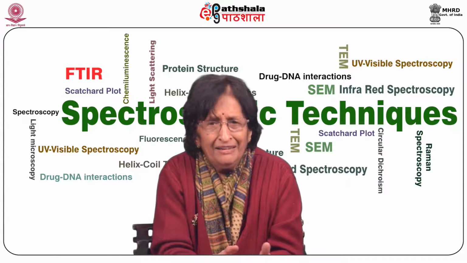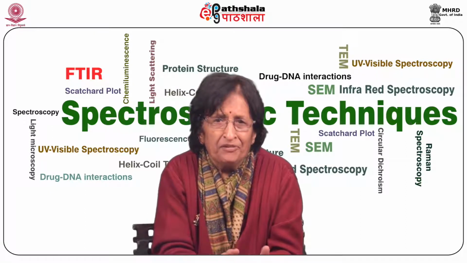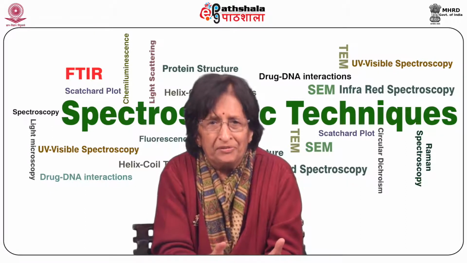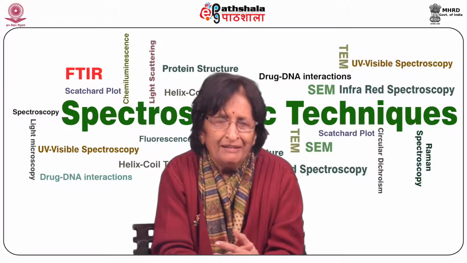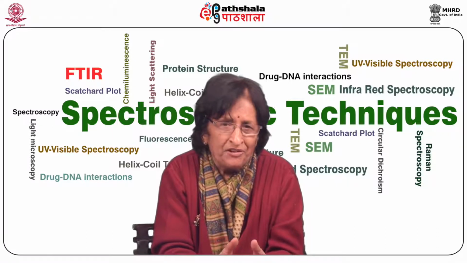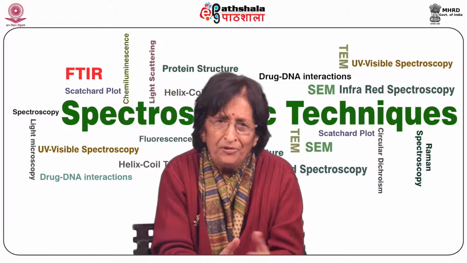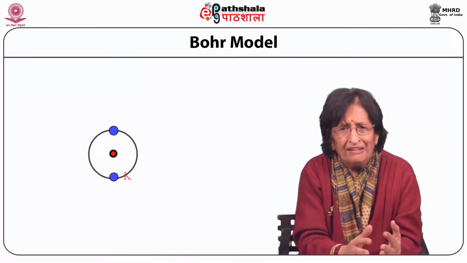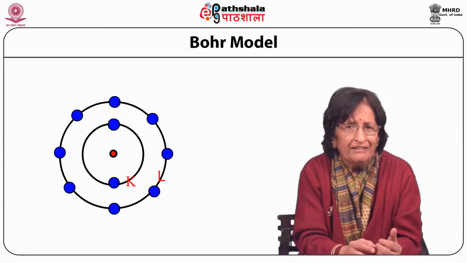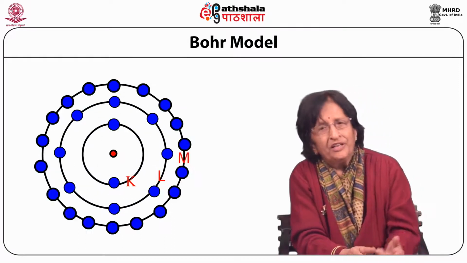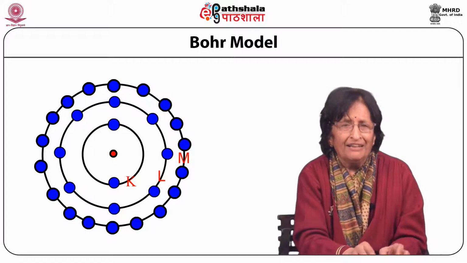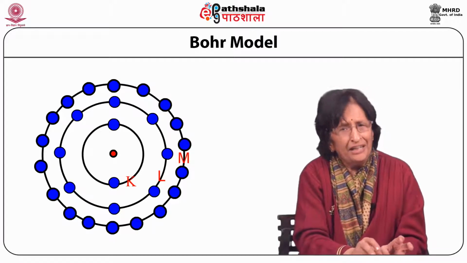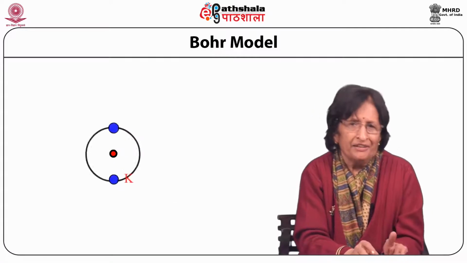n is the number of the shell: n equal to 1, n equal to 2, n equal to 3, and these are called the principal quantum numbers, and they define these shells. And h cross, as we have seen, is equal to h upon 2 pi. The Bohr model is important because it was able to calculate the energy of all the allowed orbitals of hydrogen and hydrogen-like atoms.